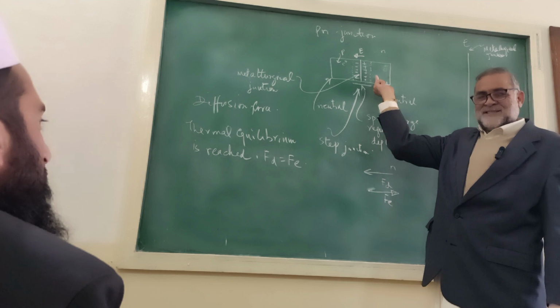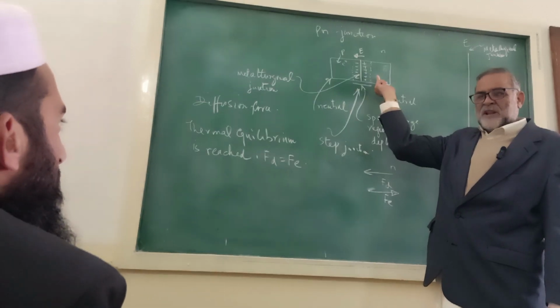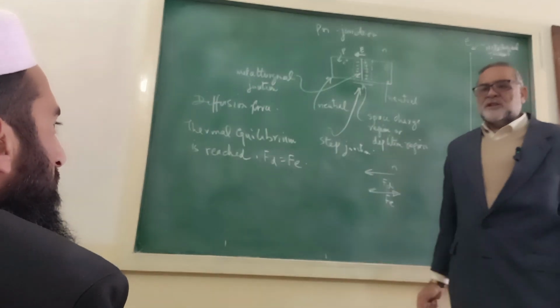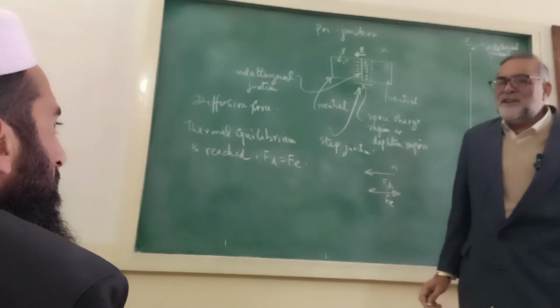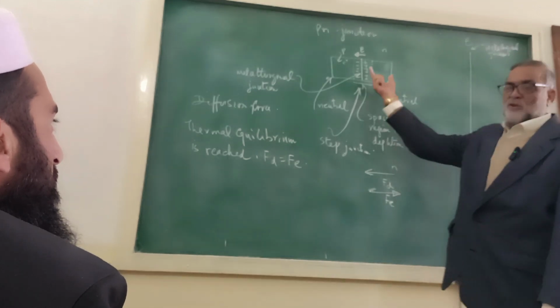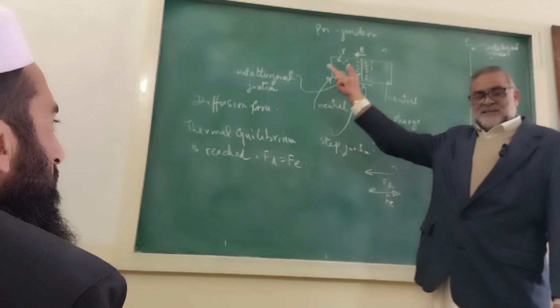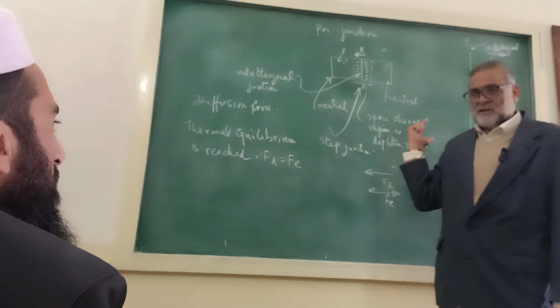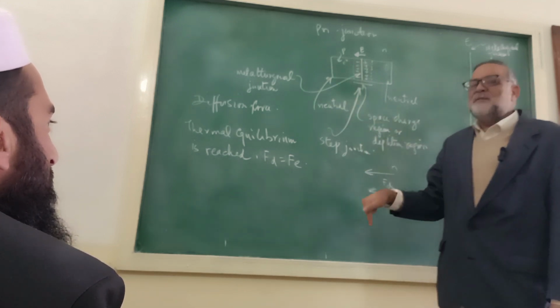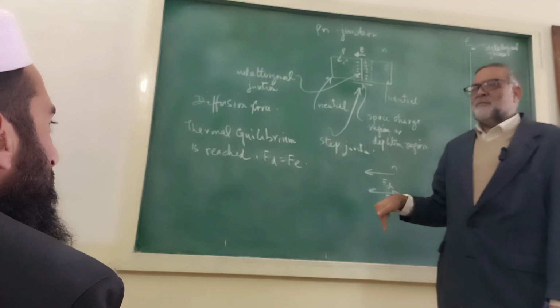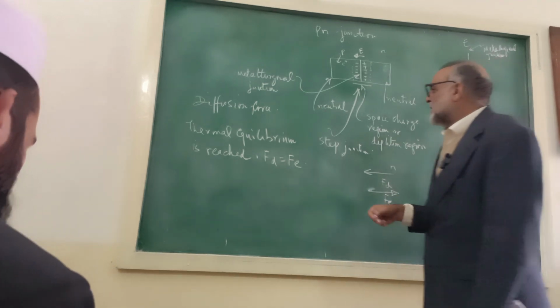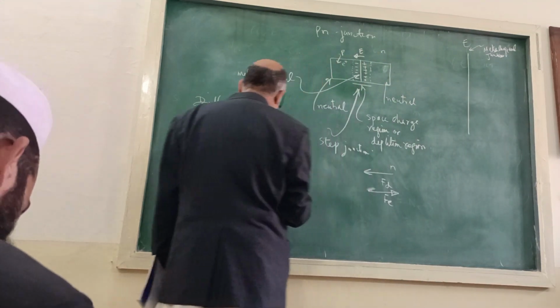This potential difference is called the built-in potential, because no potential is applied from an external source. So it is the built-in potential of the PN junction.